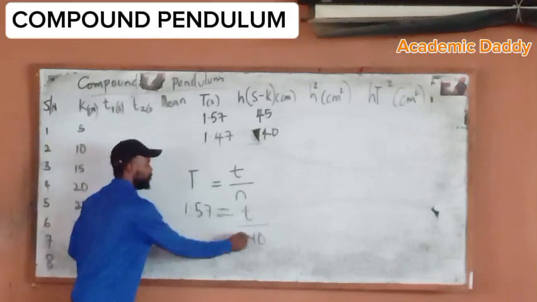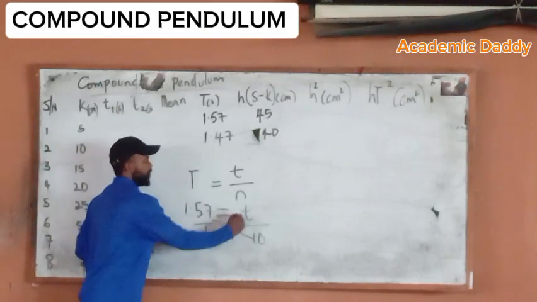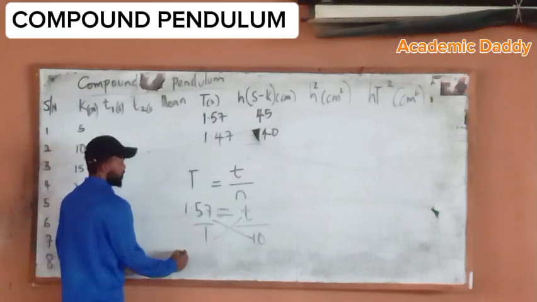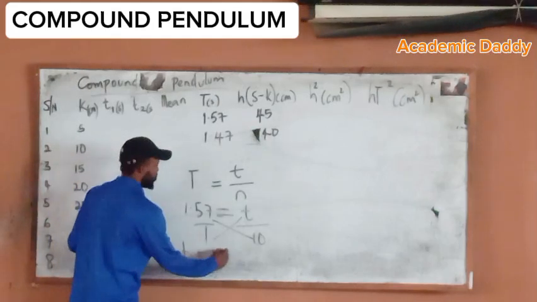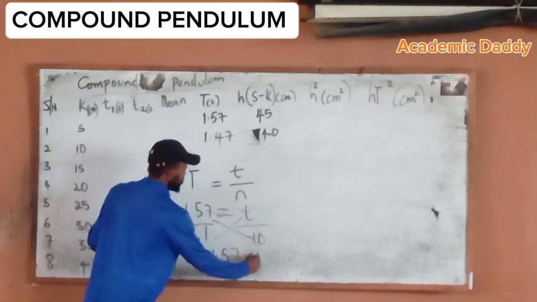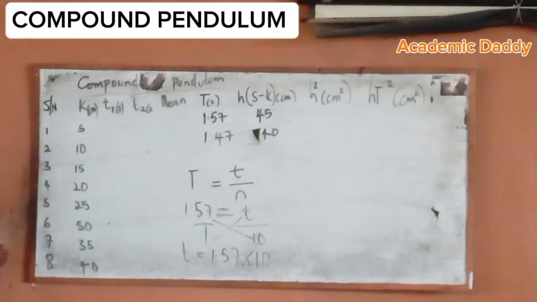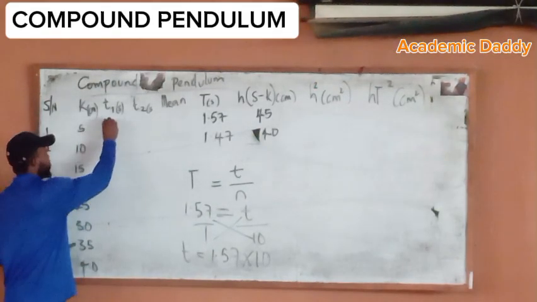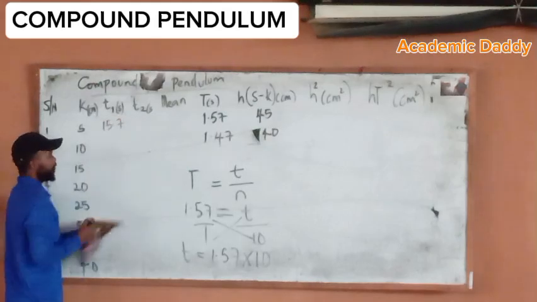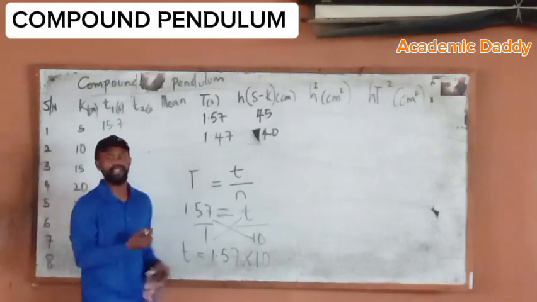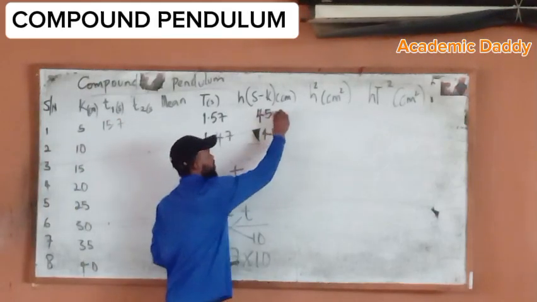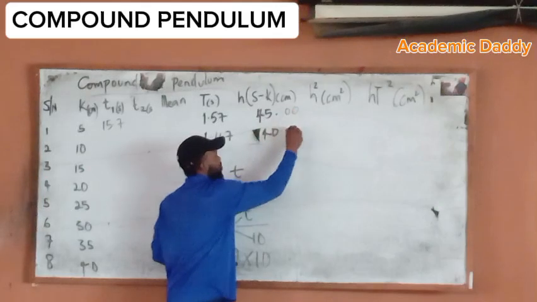So by the time I cross multiply, it is standing over 1. This will be the same as saying T is equal to 1.57 times 10. So what do I have? 15.7. So I will write 15.7. But remember, we are maintaining 2 decimal places. Is it not true? Which means even this one I should have 0.00.